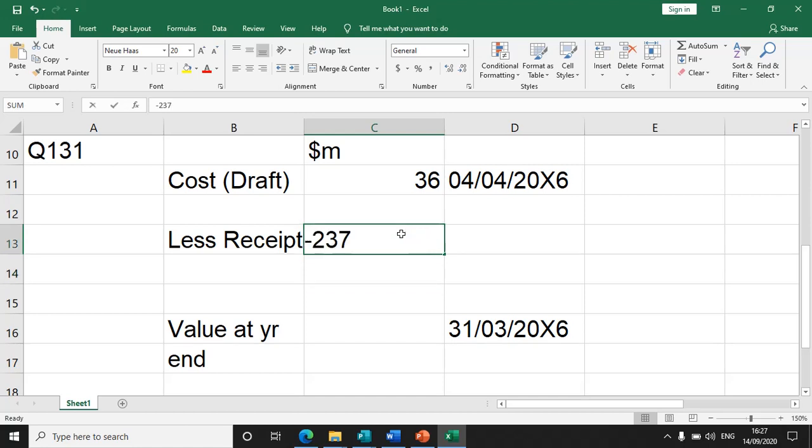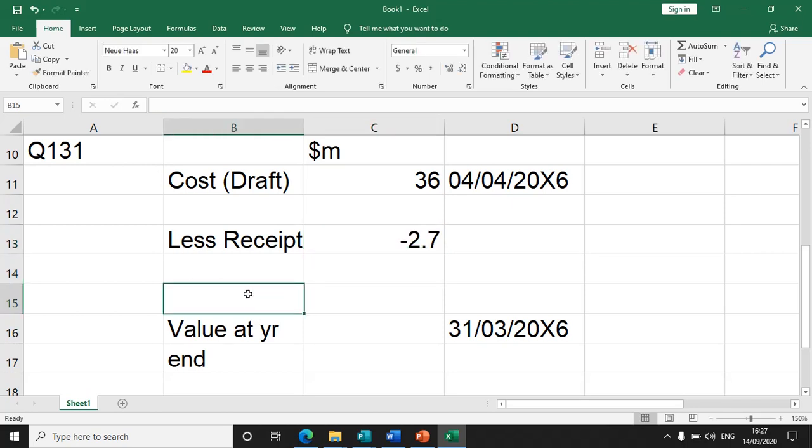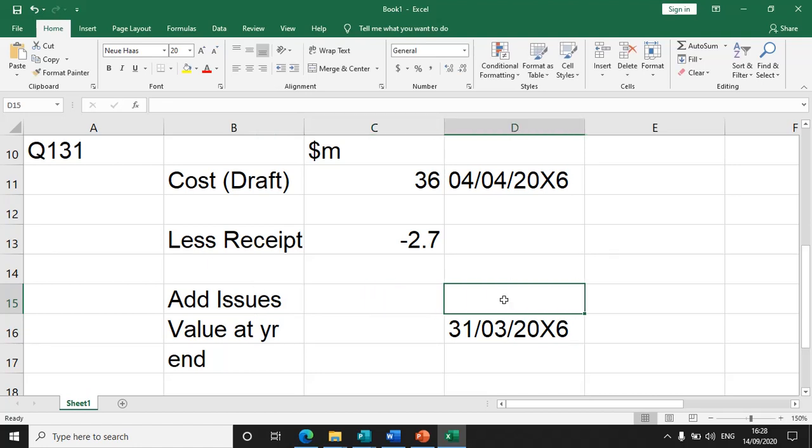All right, so that's what we have there. And then we add issues. In this case, the issue is supposed to be at cost as well. Remember, inventory is valued at cost.